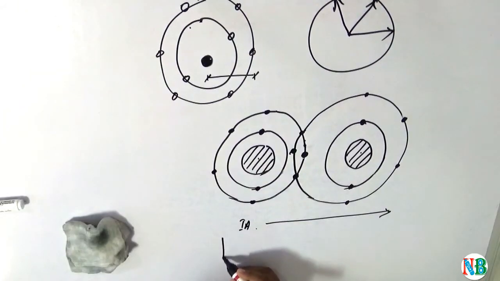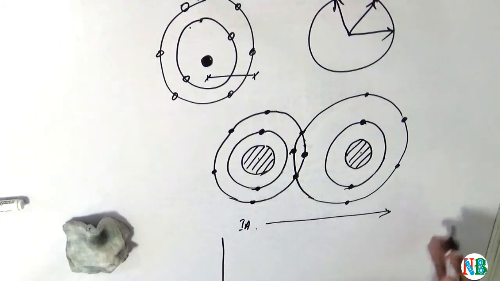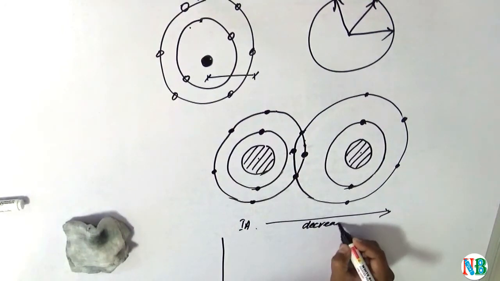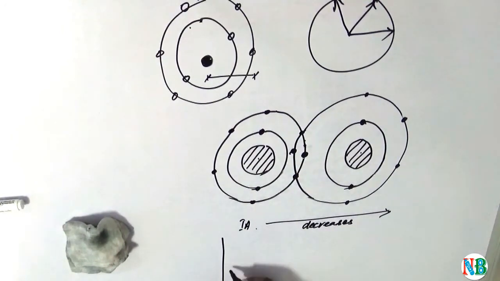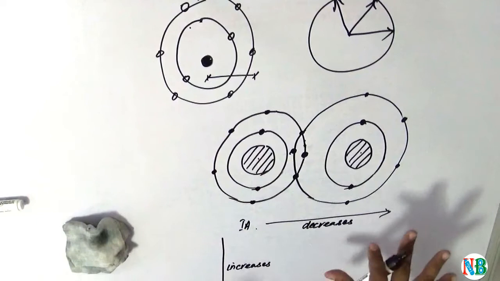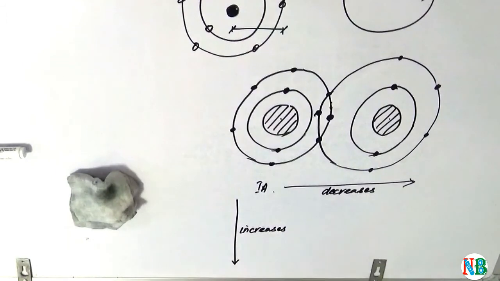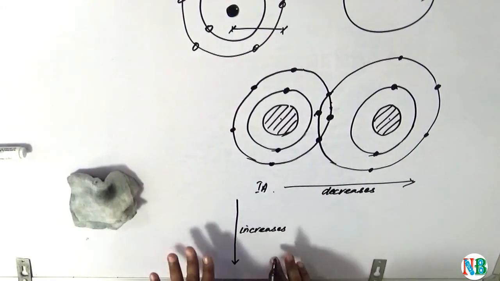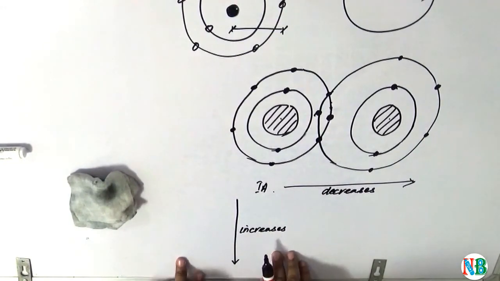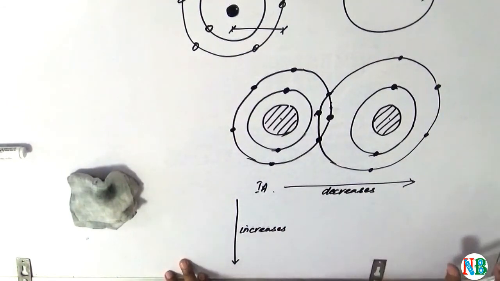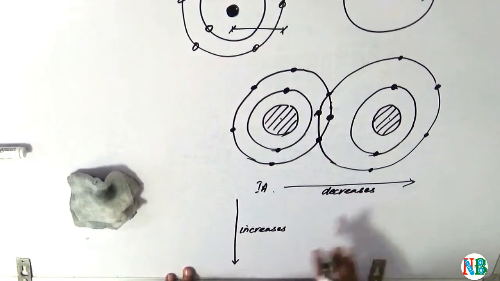Down the group it decreases, but down the period it increases. So they both are different. So when you are coming down the periodic table, down the periods, the atom size or atomic radii increases, and while you are going down the groups horizontally, it decreases. So it increases and decreases, or decreases and increases.